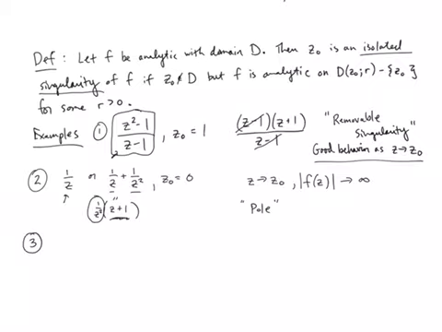And then there's a third case, which is that neither of these two things happens. So e to the 1 over z, for example, and z0 here equals 0. Basically here you have bad behavior as z goes to z0, but not comprehensibly bad.